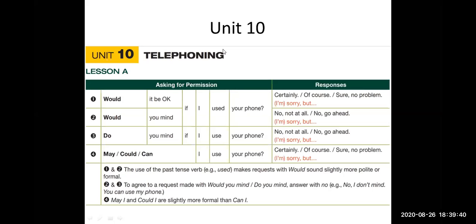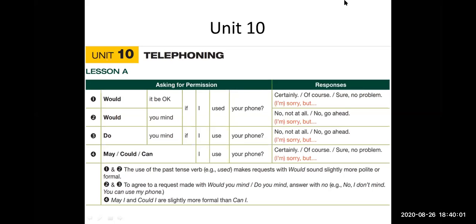Excellent. And the structure, the composition is: when you use would, you can use would it be okay or would you mind, and the verb is in past.